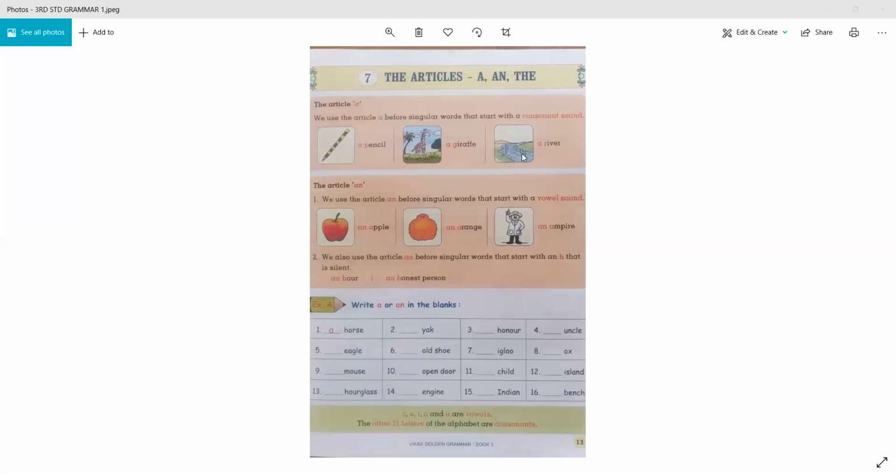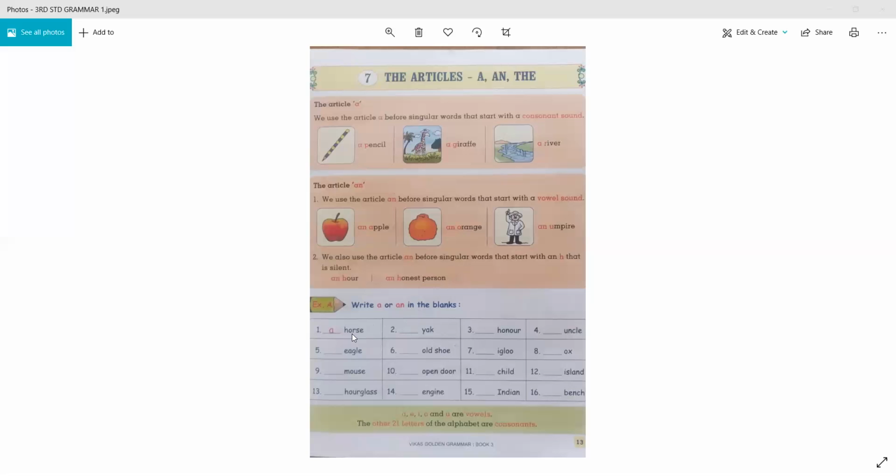Here some examples are also given. Some fill in the blanks are also given. Okay, so better I would like all of you to write these words, which article you are going to use in this. Okay, the first one is a horse. Why are we using the article a here?